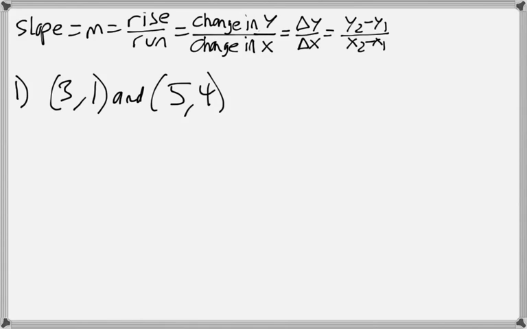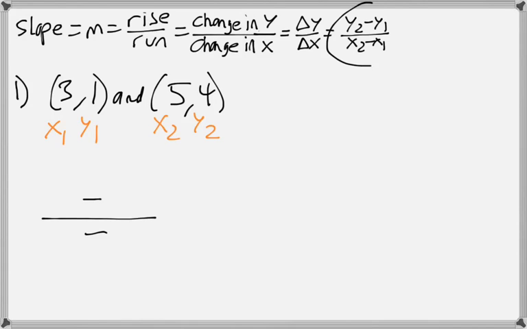So if I look at my first 2 points, I'm going to label these. You don't have to, but I think it can help. So this is my x1, my y1, my x2, and my y2. If I use the formula, this is going to be y2 minus y1.